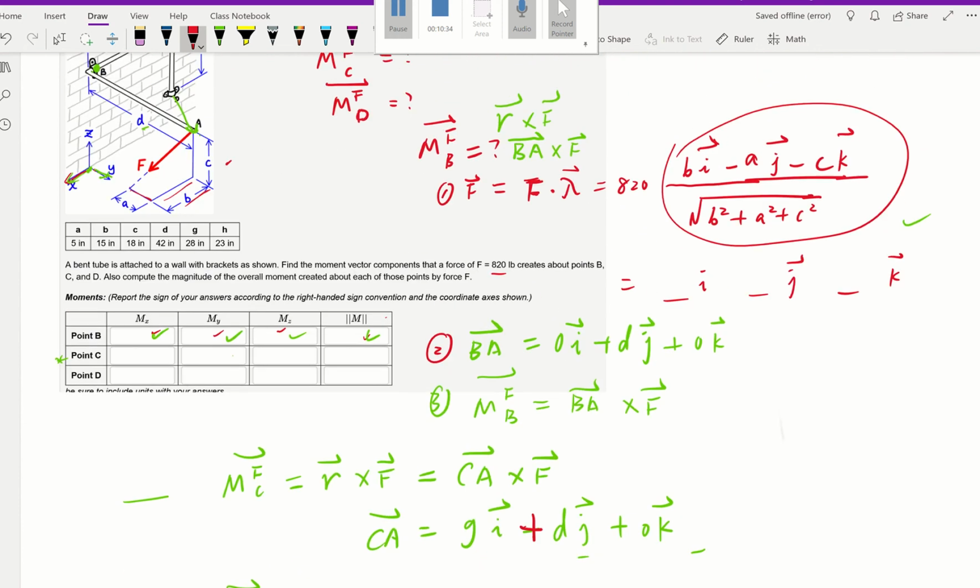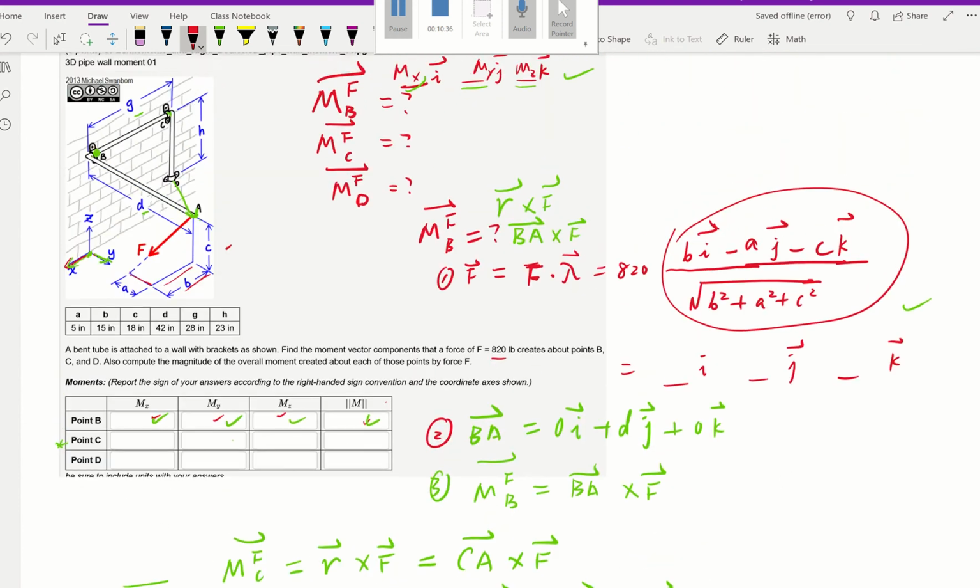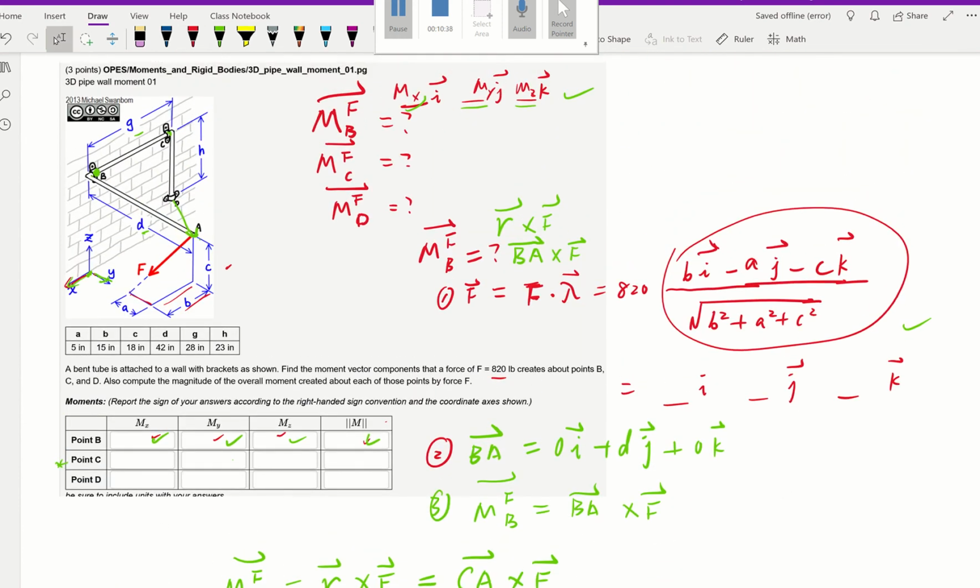Now let's look at the K term. So DA, it's A minus D. A is above D, so it's going to be a positive value. Let's see how much above.